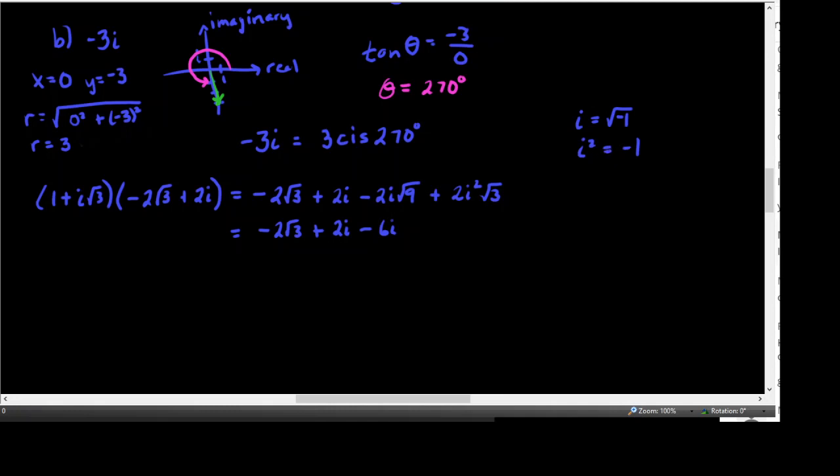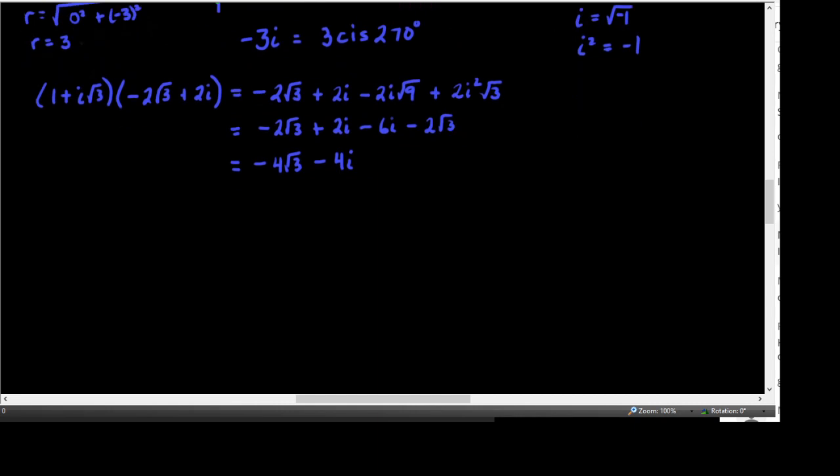So if we replace i squared with negative 1, that becomes subtract 2 square roots of 3. And then combining like terms, I get negative 4 square roots of 3 minus 4i. Okay, so not necessarily all that fun to do that way.